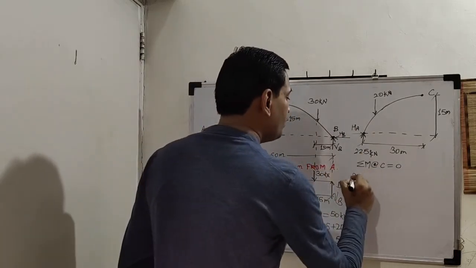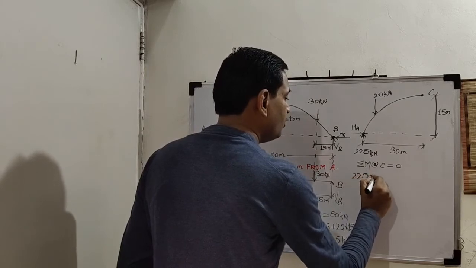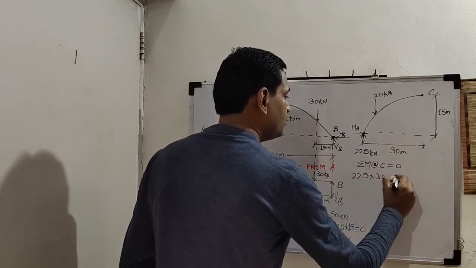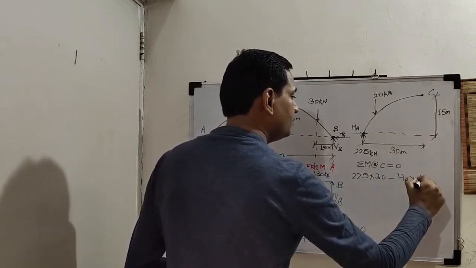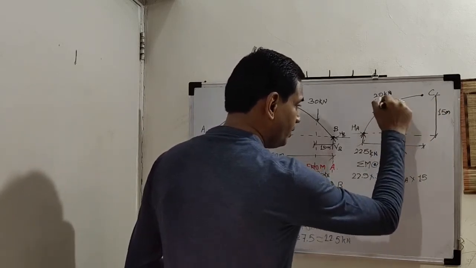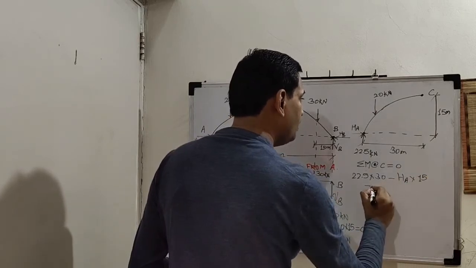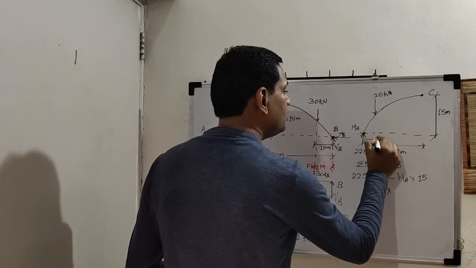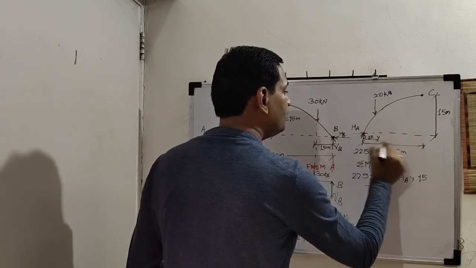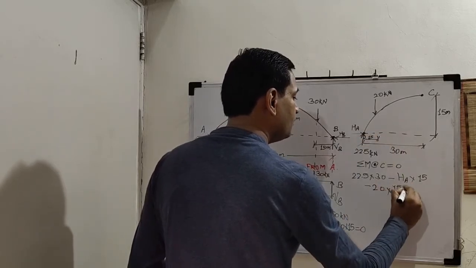So 22.5 into 30 minus HA into 15 and moment due to 20, so minus 20 into 30 minus 15, so 15.